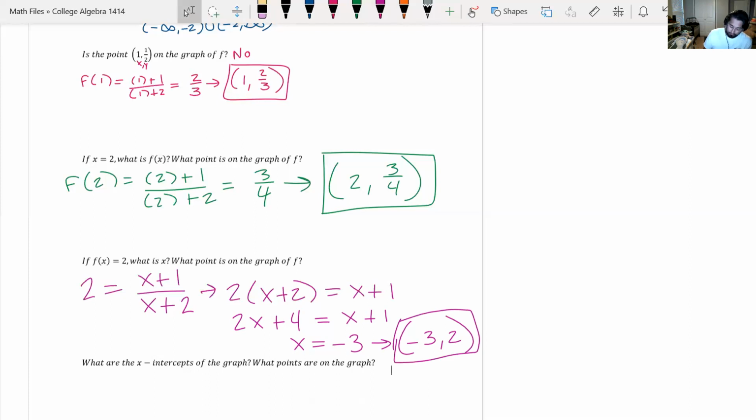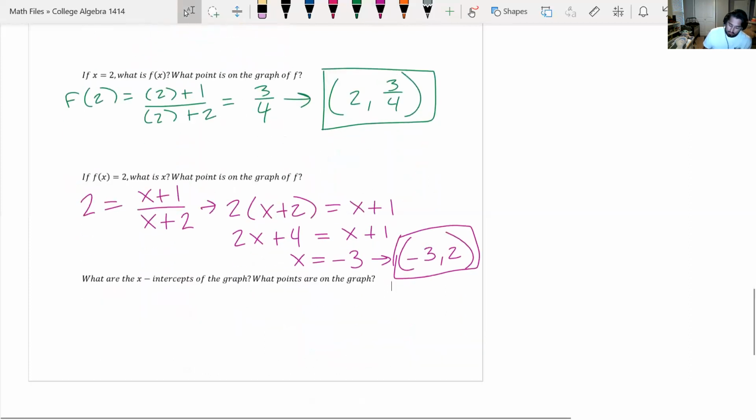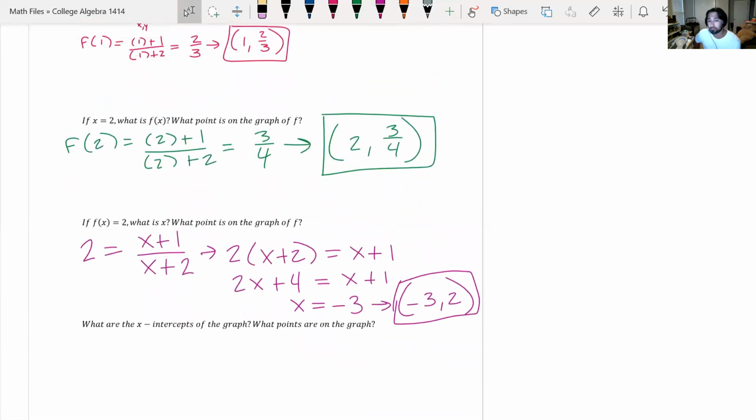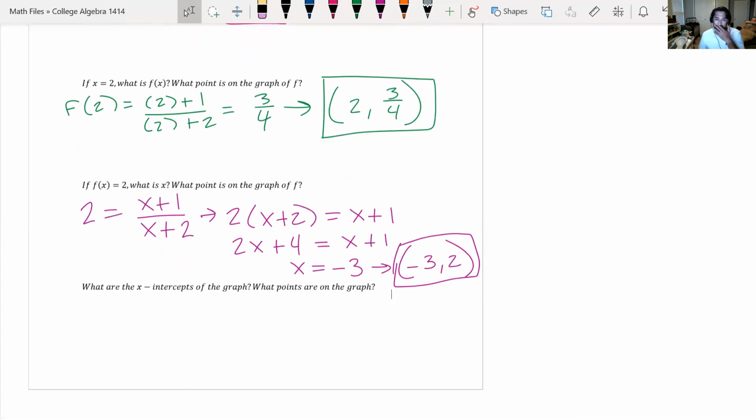All right. Last one. What are the x-intercepts of the graph, and what points are on the graph? Okay. So for our function, f of x equals x plus 1 over x plus 2.